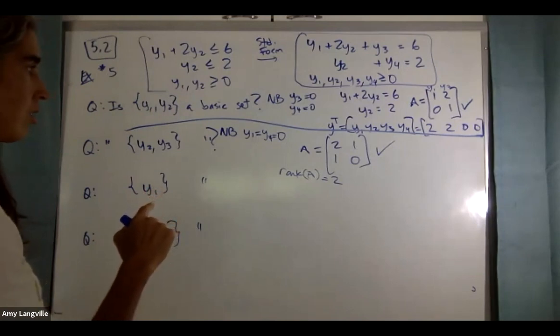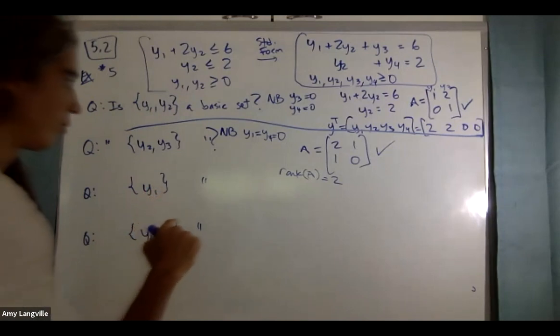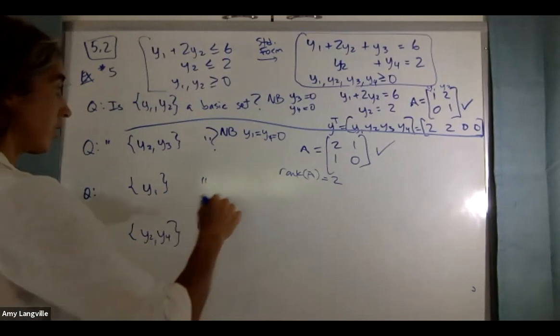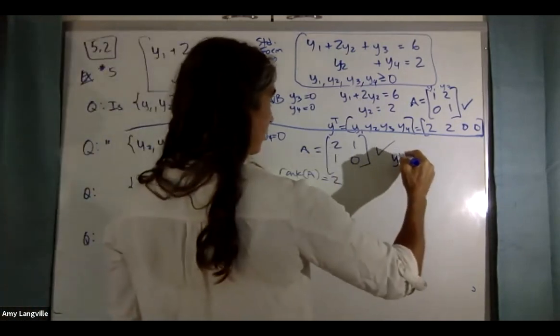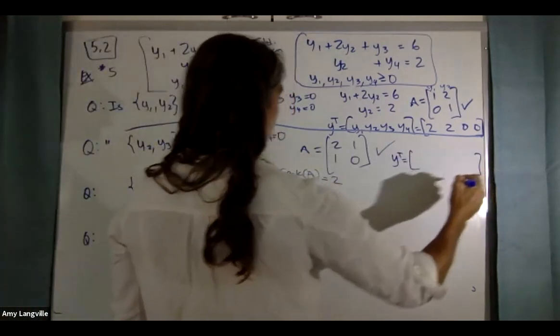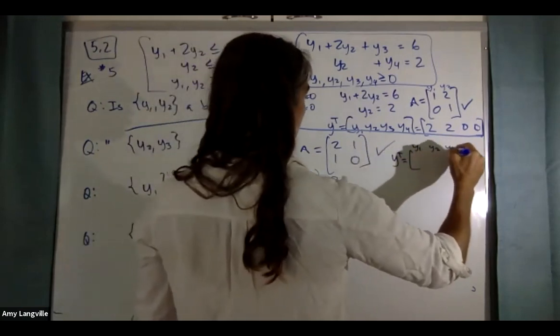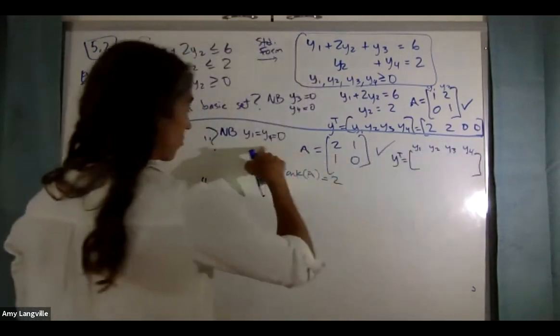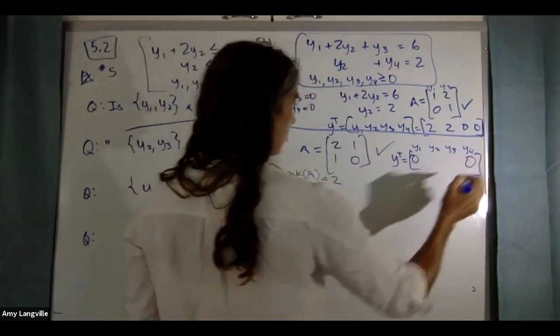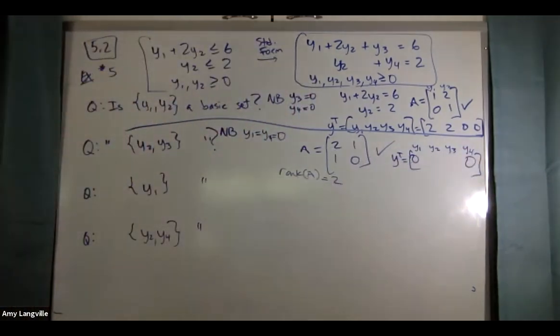And what happens then for our basic solution? Let's see, y transpose would be y1, y2, y3, y4. We forced y1 and y4 to be 0. They were non-basic. We saw what happened to the y2 and y3.